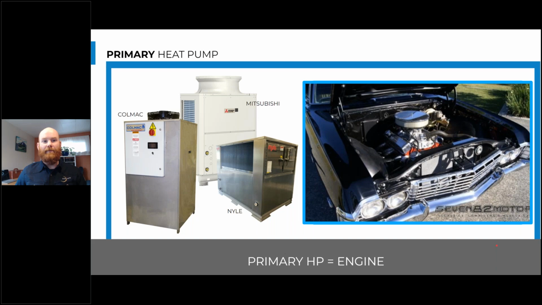So our primary heat pump water heater, this is our engine. This is really taking that cool water and making it hot. It might be one of these large split system heat pump water heaters in most of our commercial buildings, especially the larger ones, when we're talking about buildings of 100 units or more, or large office buildings and so forth.